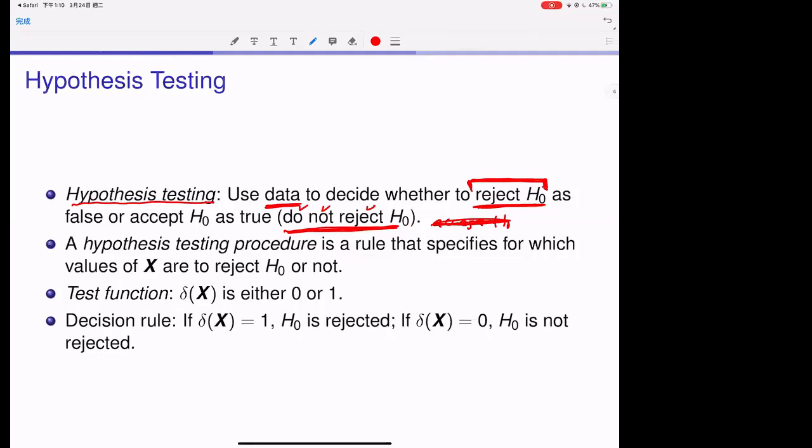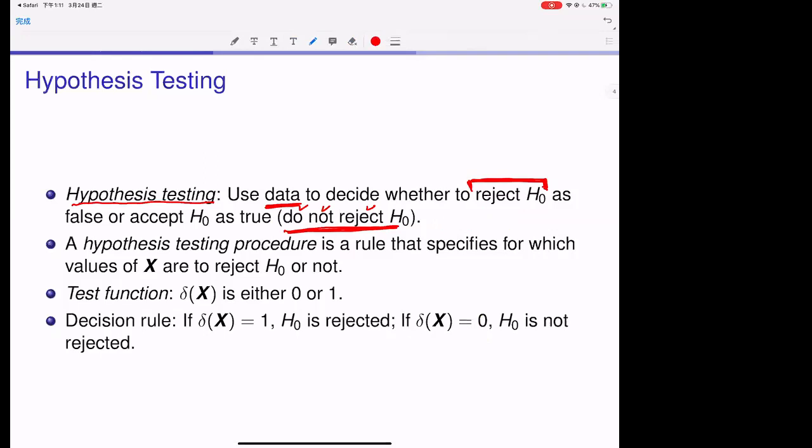Yeah, so we are quite arrogant on it. Say do not reject. Don't say accept. We can talk about why I can say so later on when we have real things to talk about. Good.